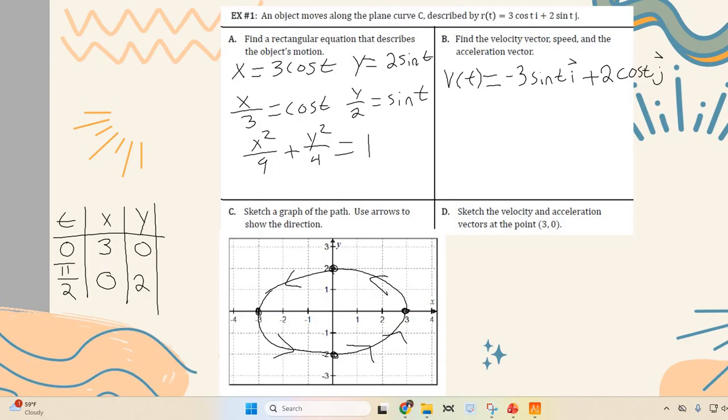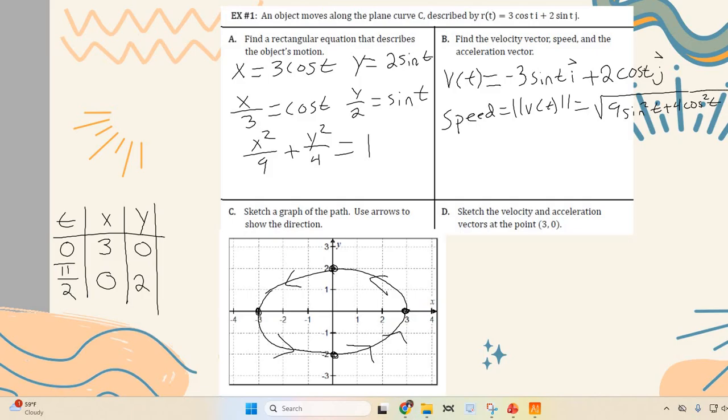And then we said that speed is what? The magnitude of our velocity, which means that we take the square root of each of those things squared. So we would get the square root of 9 sine squared t plus 4 cosine squared t.